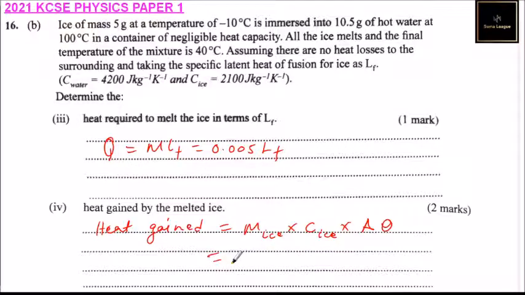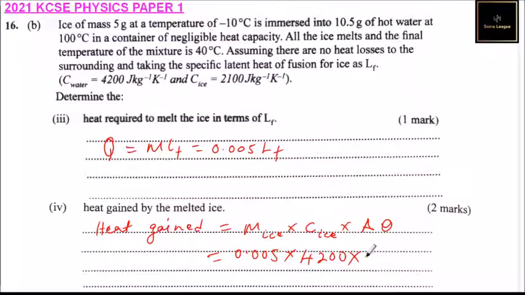So this is equals to 0.005, multiplied by the specific heat capacity. That is 2,100 for ice, but because the ice has already melted, it is 4,200.